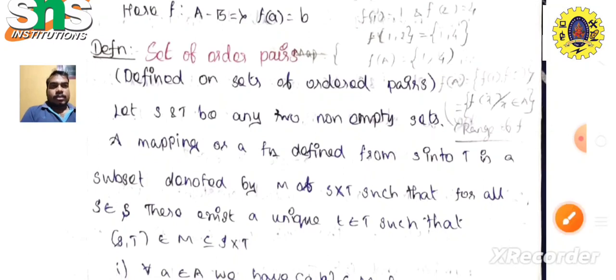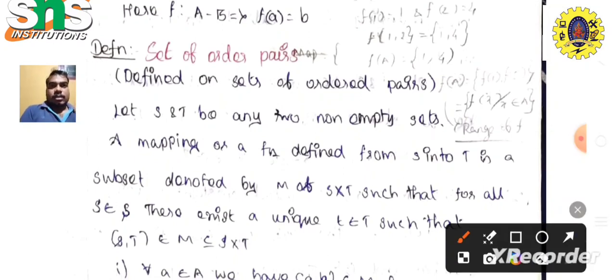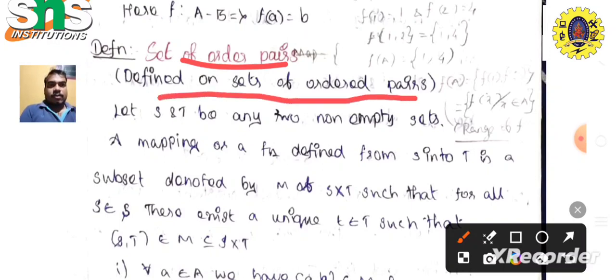So next we have to see the definition of set of ordered pairs. Let S and T be two non-empty sets.